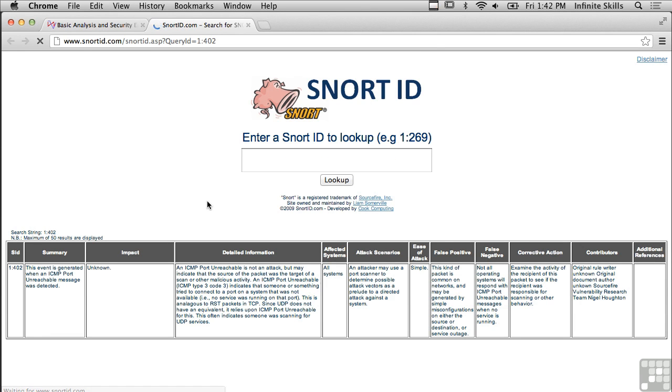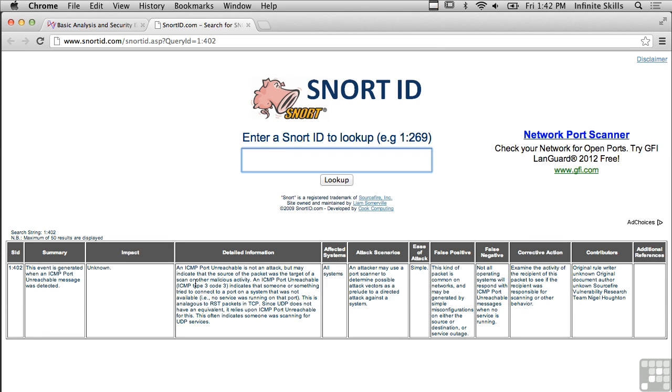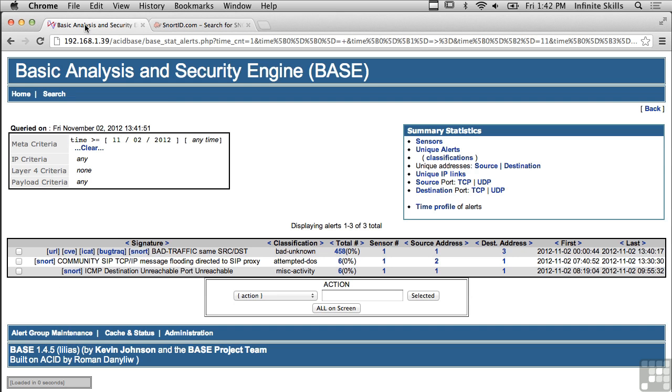We could actually bring this up and have it tell us what the problem specifically is, and we could get more detailed information. You can see the summary here is this event is generated with an ICMP port unreachable message was detected. And then there's the detailed information and also attack scenarios, as well as false positive information, and it tells you how to fix the situation that may have caused this problem.